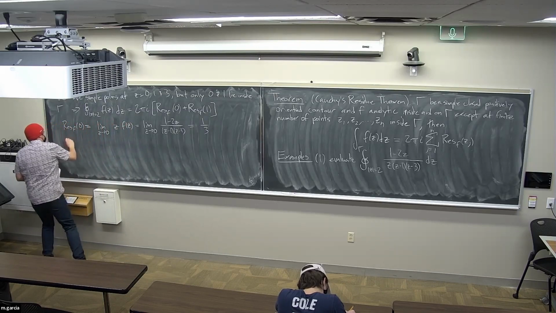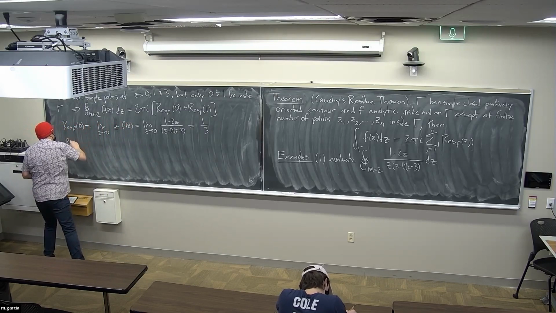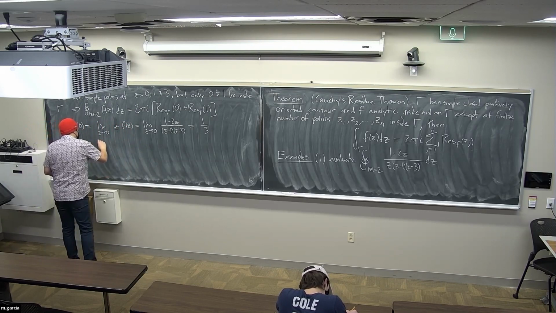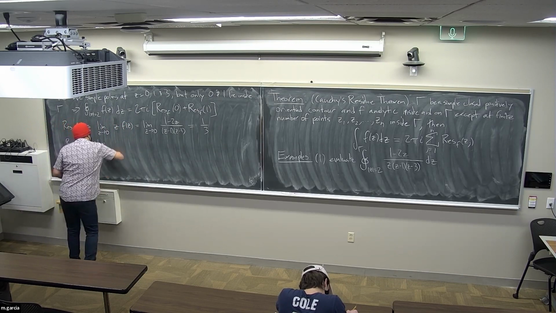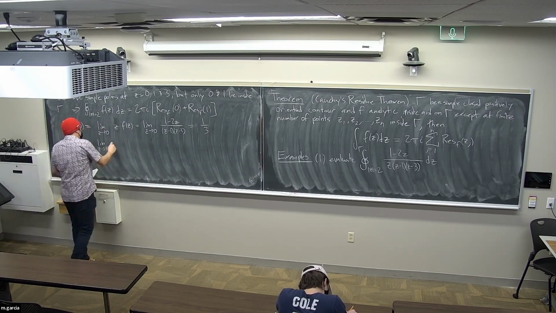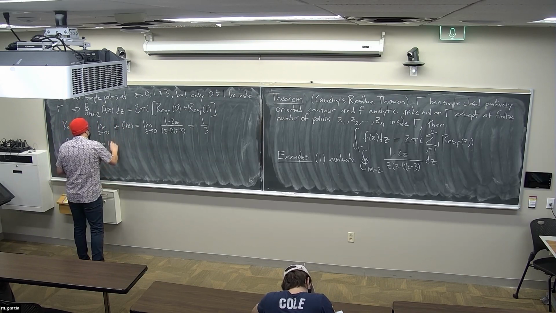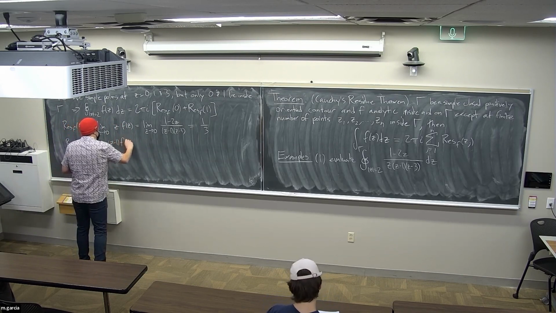Okay. Residue of f at z equals 1. Again, we're simple. Sorry, z approaches 1. So we don't have any factorial coefficient out front, and our derivative is a 0th derivative, so we're just looking at the function z minus 1 times f(z).